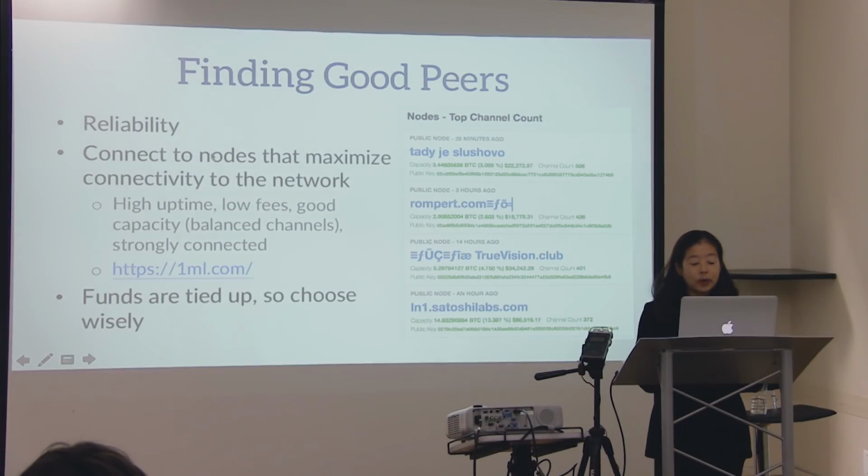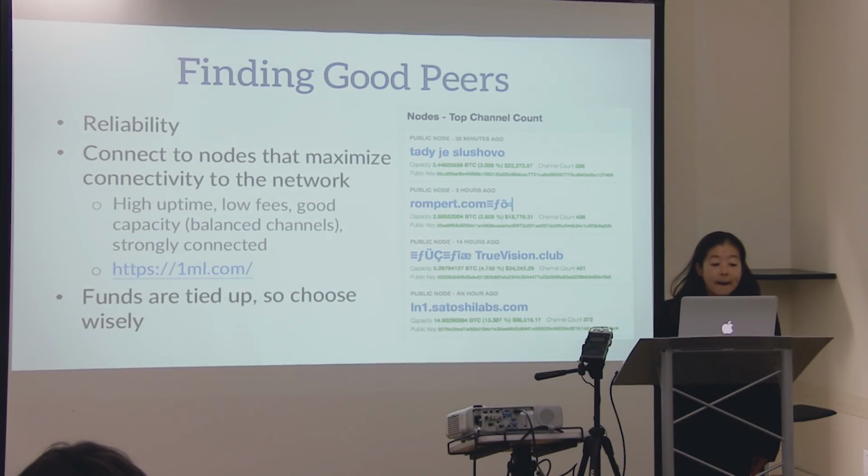So, one of the most critical things in finding a good counterparty to open a channel with is that they're going to be online, because a node that goes offline renders the channel not very usable. And aside from that, we also want nodes that will maximize connectivity to the network, because every time a channel is opened, that's some amount of money that's locked up.